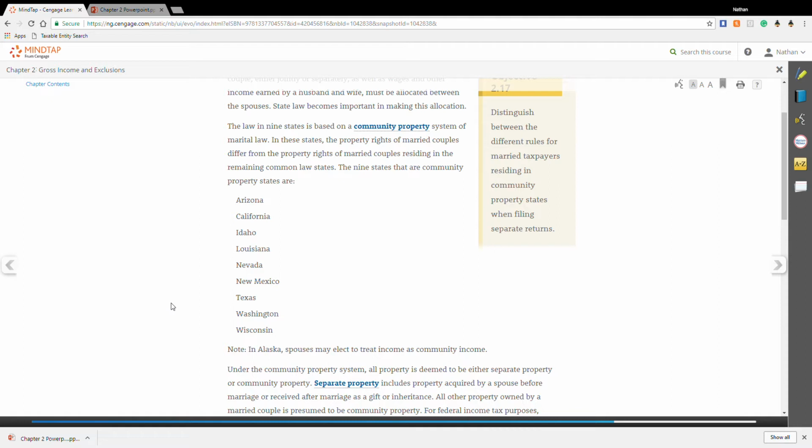community property state. So as you can see, we have Arizona, California, Idaho, Louisiana, Nevada, New Mexico, us in Texas, Washington, Wisconsin. In Alaska, spouses may elect to treat income as community. So Alaska is one of those where you get the choice, but in these states you do not.